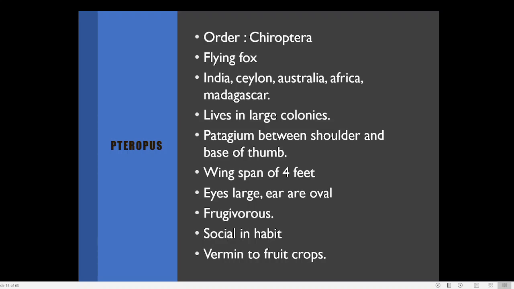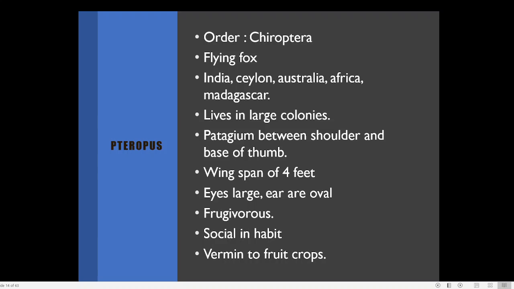Then they have a social system. Here also you can see that they are living in larger groups. Here you can see that these Pteropus are always living in very large groups. So that is why they have a social system. They are living in large groups or as colonies. That is why we consider it a social animal.